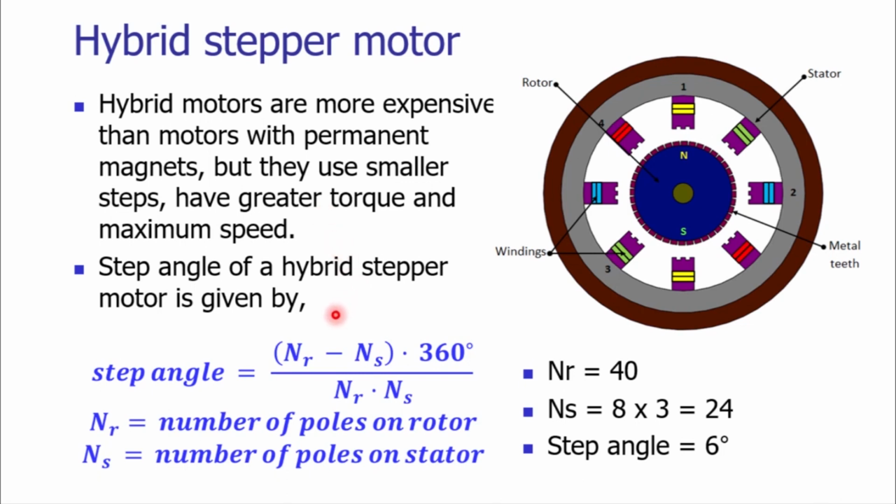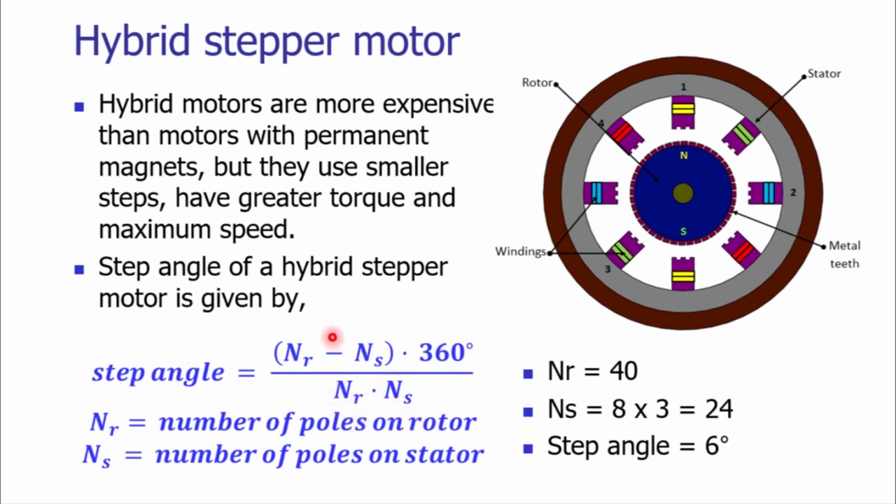So we can easily compute the step angle in a hybrid stepper motor by using this correlation. It is the ratio of two factors. First is the difference of the number of poles on the rotor and the number of poles on the stator, into 360 degrees, divided by 2 the product of the number of poles on the stator and the number of poles on the rotor.